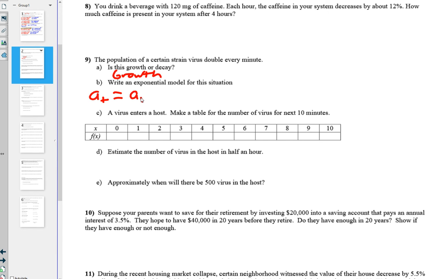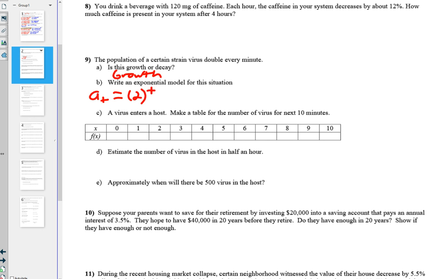It doesn't tell us. I have a feeling with the table coming up that they're expecting it to be 1. So let's just make the initial amount 1 virus. And then there's 2 to the power of the amount of time because it doubles.